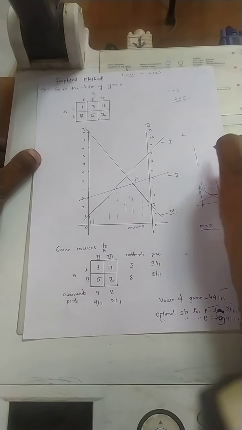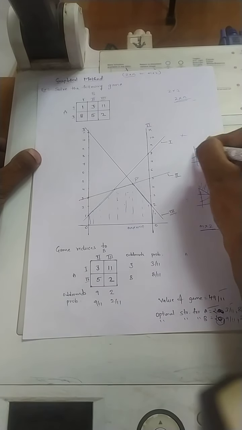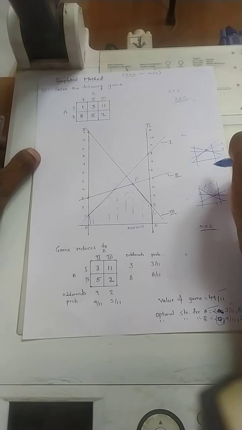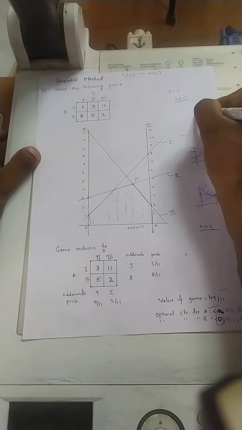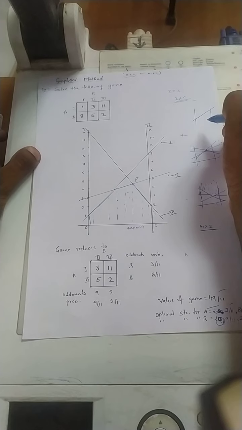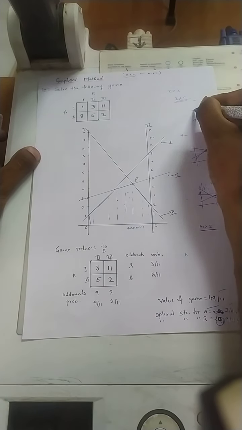One more case is, sometimes there may be 3 lines passing through that point P. Say these 1, 2, 3 lines are passing through point P, but we should consider only 2 out of those 3. The 2 lines should make an opposite slope. Opposite slope means one line should be going upwards and another should be coming downwards, like from maximum to minimum, or from minimum to maximum.